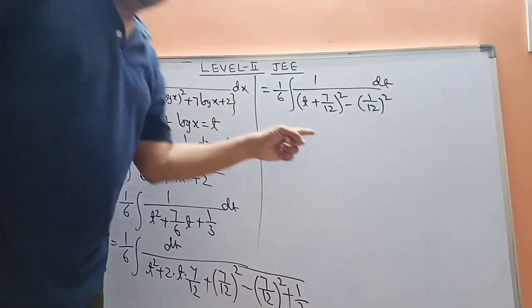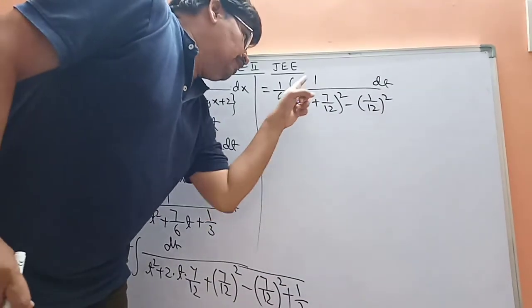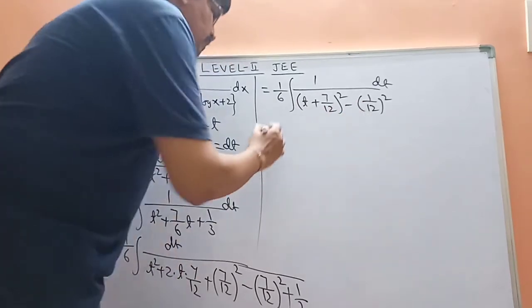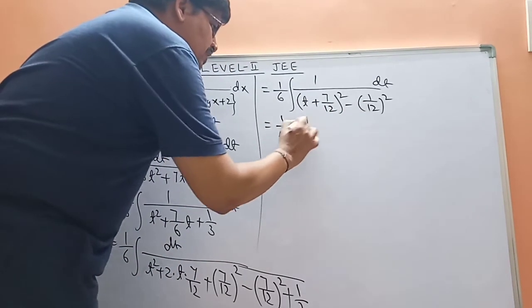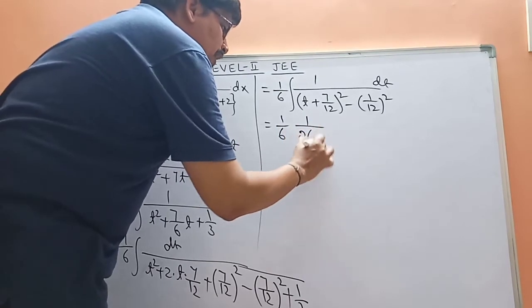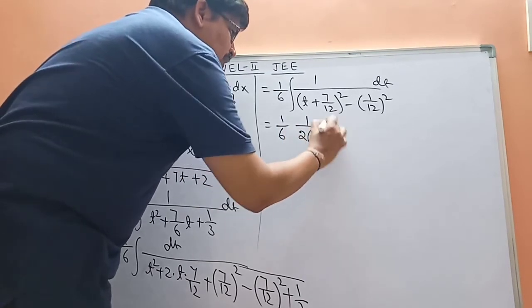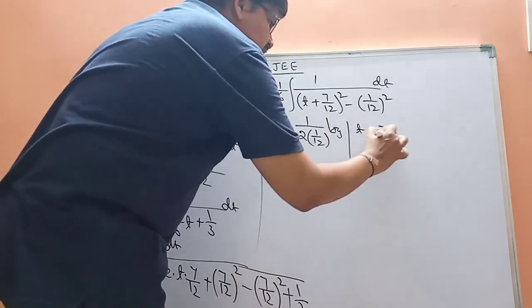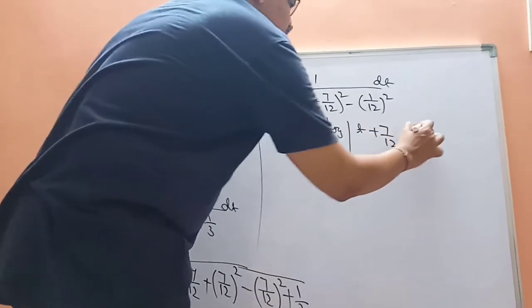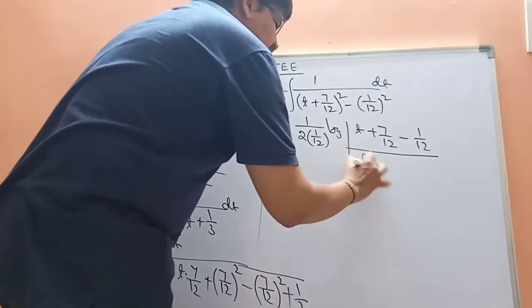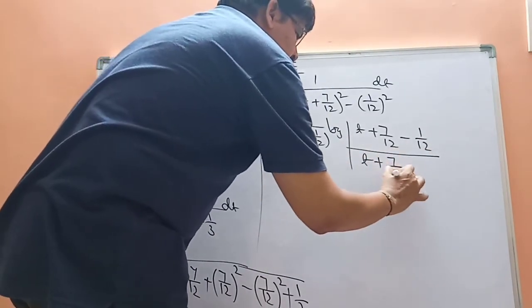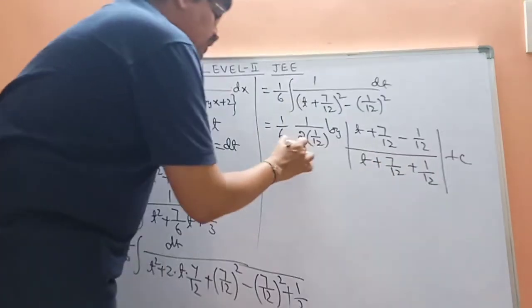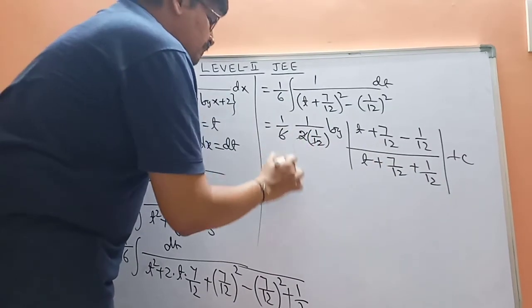This is just like the integral of 1 by x square minus a square, which equals 1 by 2a log of (x minus a) by (x plus a). So this equals 1 by 6 into 1 by 2a, that is 1 by 12 into log of (t plus 7 by 12 minus 1 by 12) by (t plus 7 by 12 plus 1 by 12) plus c. Do the simplification. Here 6 times cancel.